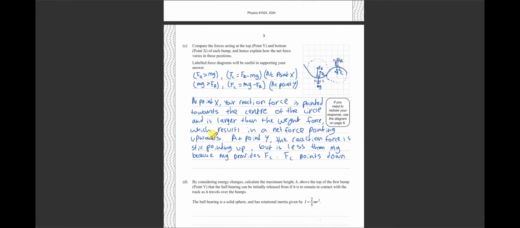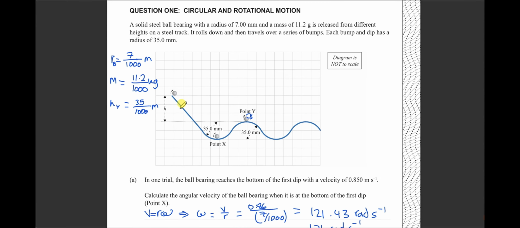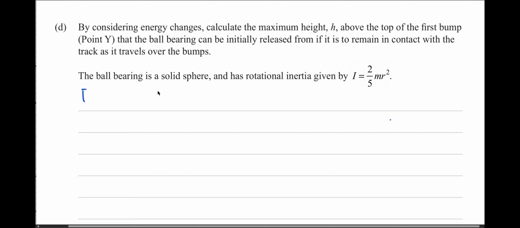Basically, what we're trying to find is that the energy the ball has up here, we'll just call it EI, should be equal to the energy the ball has at point Y, EF. Let's write that out first: your initial energy should be equal to your final energy.